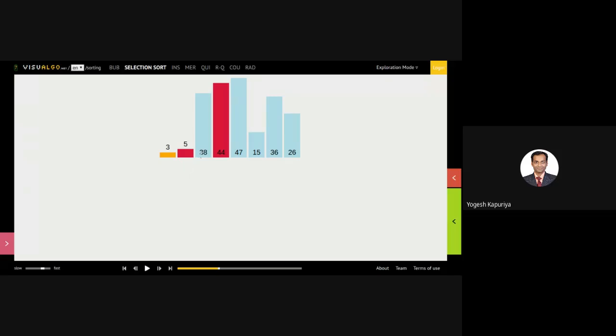So 5 is the smallest element, so it will take its position in the next iteration. Next time, 38 will be compared with 44. No interchange. There will be an interchange over here. I don't know why they are not showing it, but there should be an interchange between 15 and 38. So 15 will take the position of 38 and 38 will take the position of 15.